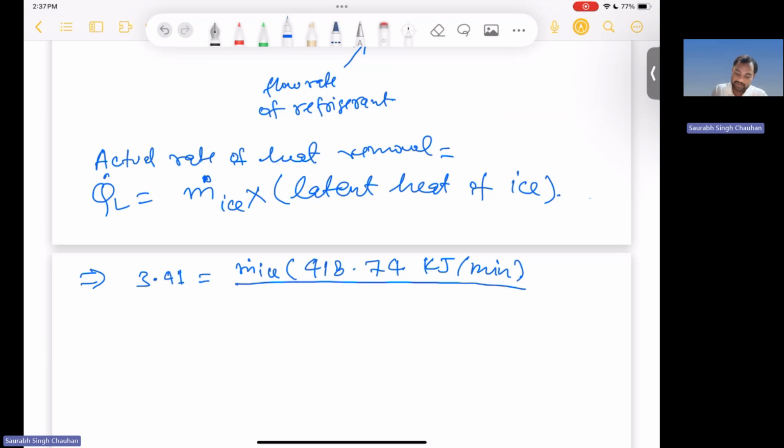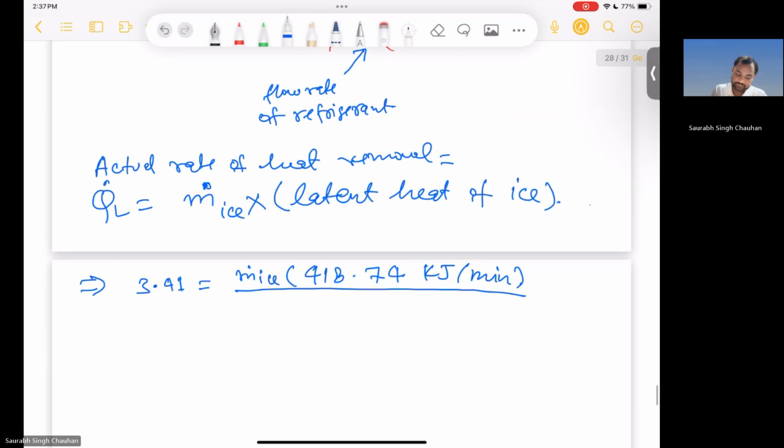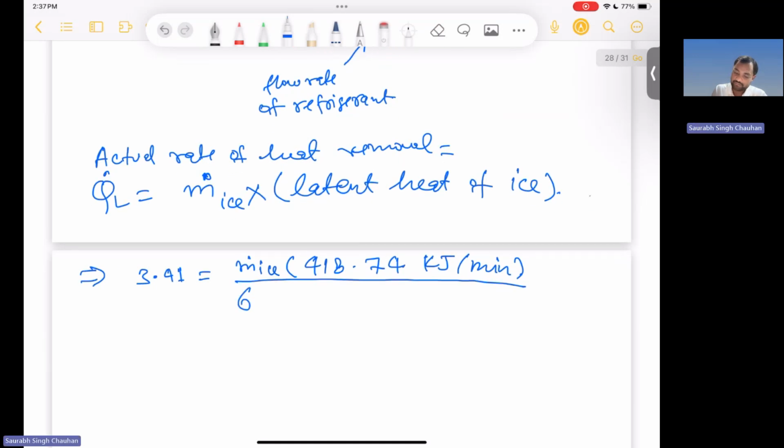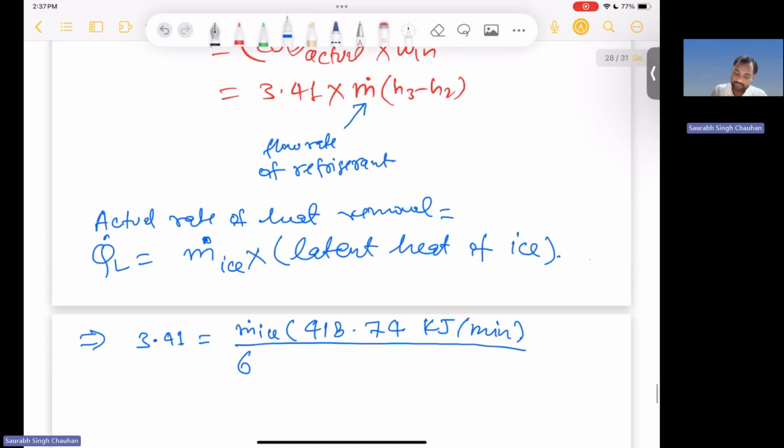On the other side, M is the mass flow rate of refrigerant into H3 minus H2, so 133.2 minus 123.8 kilojoule per minute.